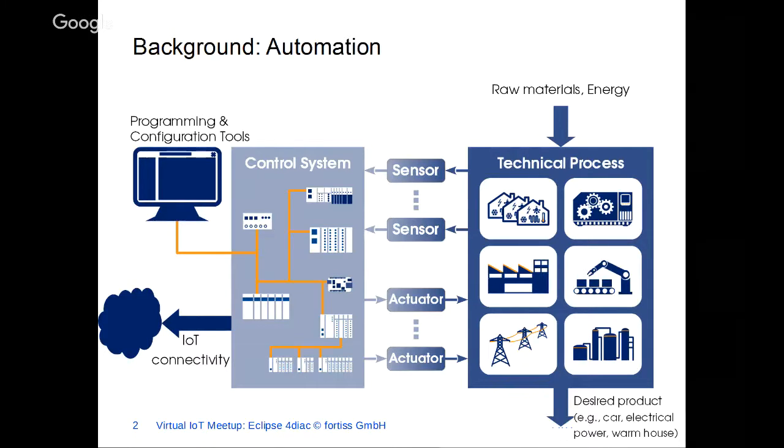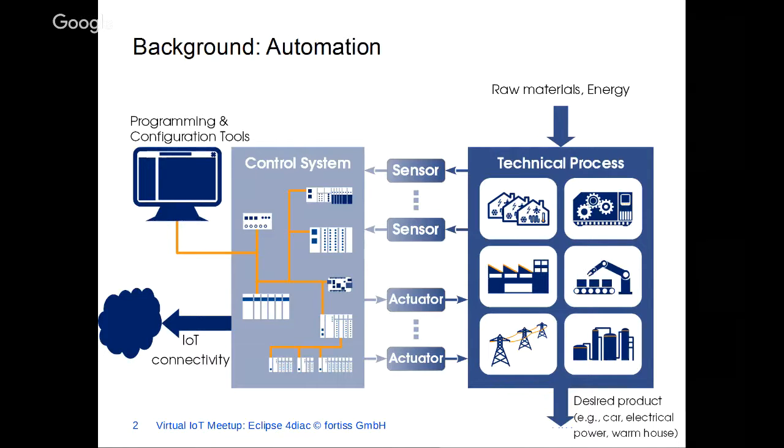You need lots of different tools, sometimes a different tool for each of the devices you're using, different software, different knowledge, different programming methodologies. And especially this IoT connectivity is not always well solved. Even the connectivity between the devices is a hard task.